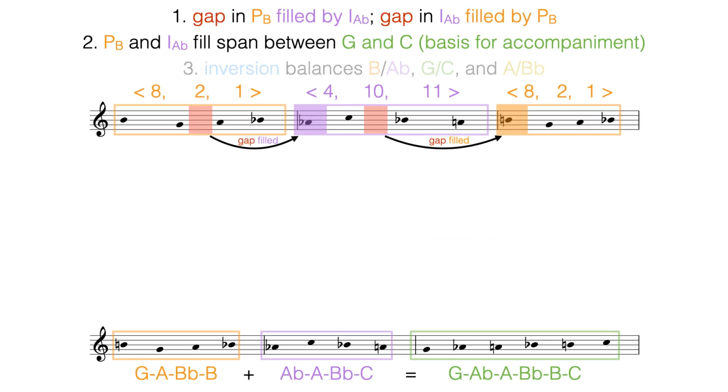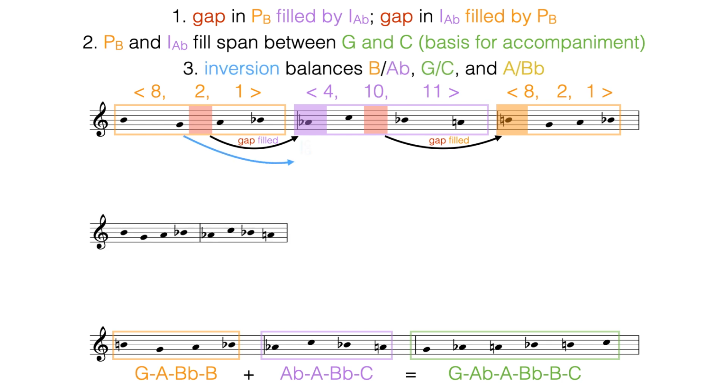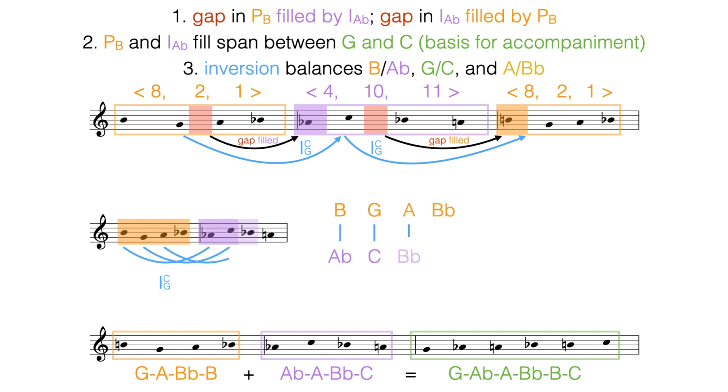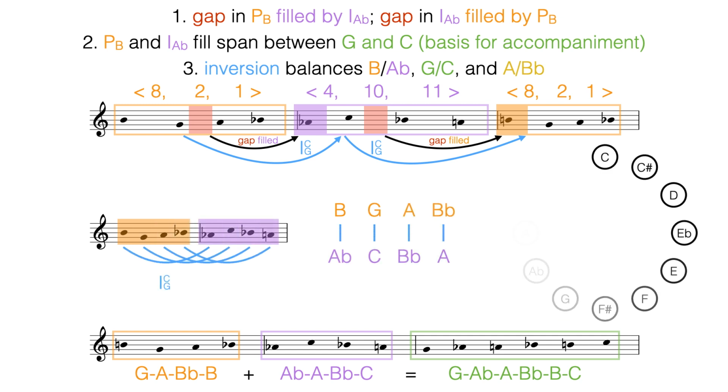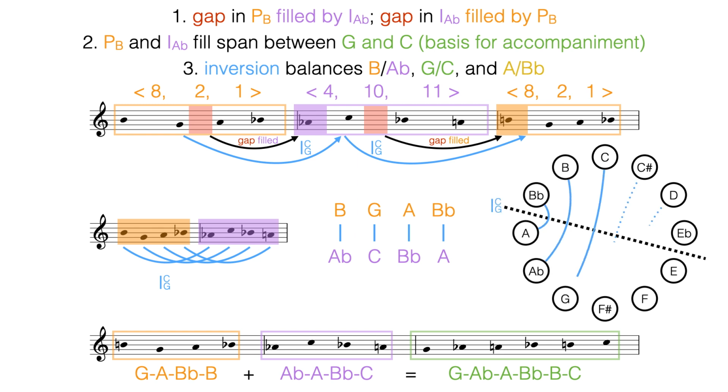Third, the two series forms are related by the inversion that balances G against C. This is another hint of the importance of the relationship between G and C. Note that this same inversion also exchanges A and B flat.